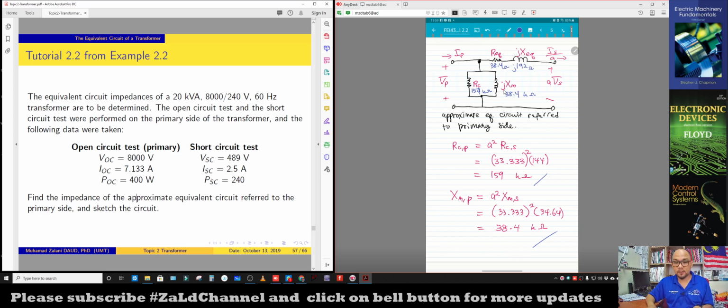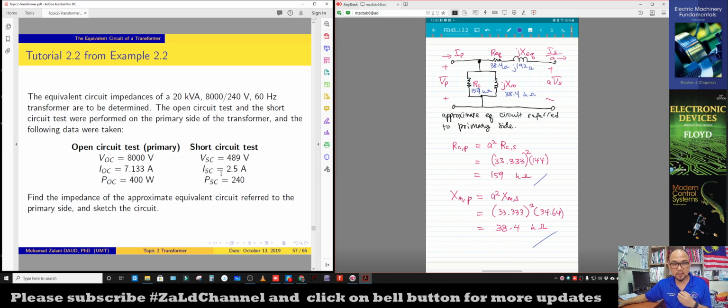So that's all for the equivalent circuit that we have got from the values given in terms of the open circuit test and short circuit test of the transformer. Then we can further calculate the admittance of the excitation branch from the open circuit test. This one we can use to further calculate the series impedances, series REQ and XEQ.